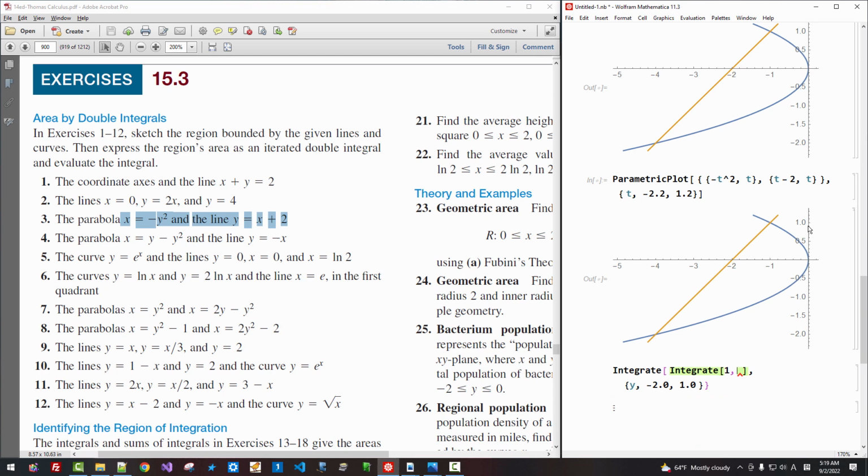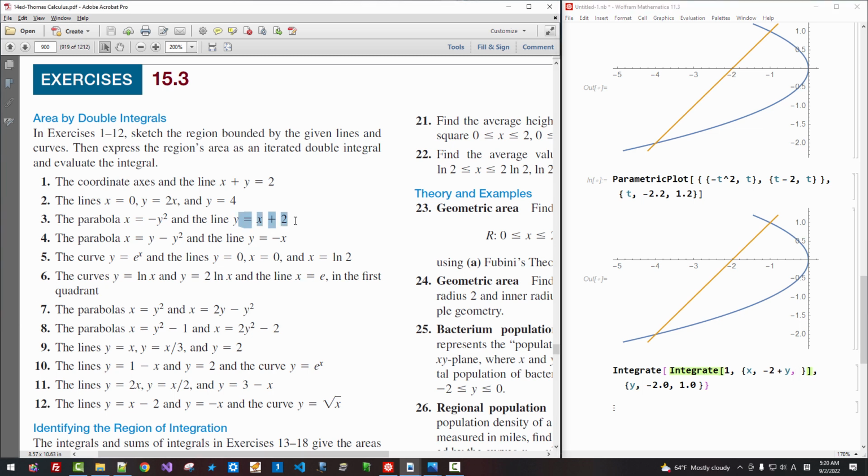We have to integrate inner integral. Integrate 1, then we integrate with respect to x. Then this is upper bound of x. This is lower bound of x. So lower bound of x is y minus 2, or minus 2 plus y.